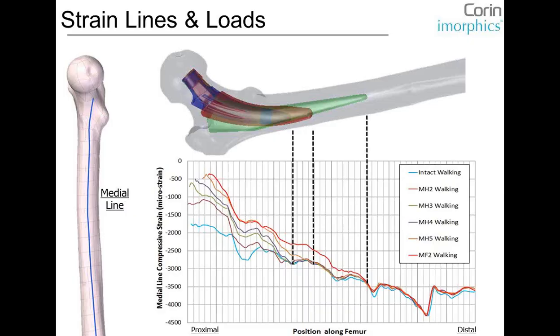And here you can see the variation in the types of implants. MH represents the mini hip, MF represents the metafix, and obviously the numbers represent the size. And the light blue line represents the intact model.